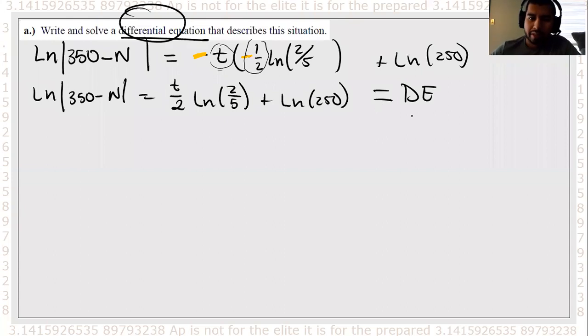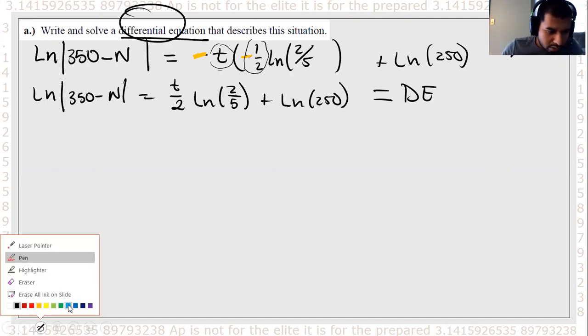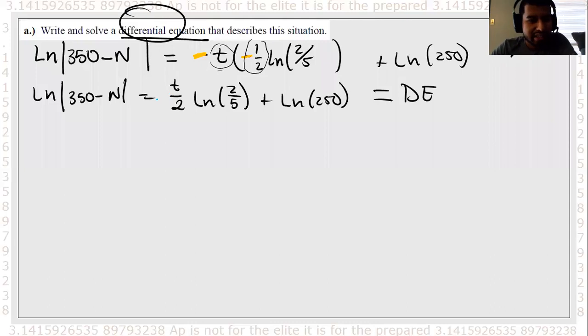Okay. What is sometimes asked of you guys is to solve for n. So let's go ahead and do that. This right here, guys, it's already looking a little tricky. How do I solve for n here if it is inside an ln? Dun, dun, dun, our good old friend, exponential, right?